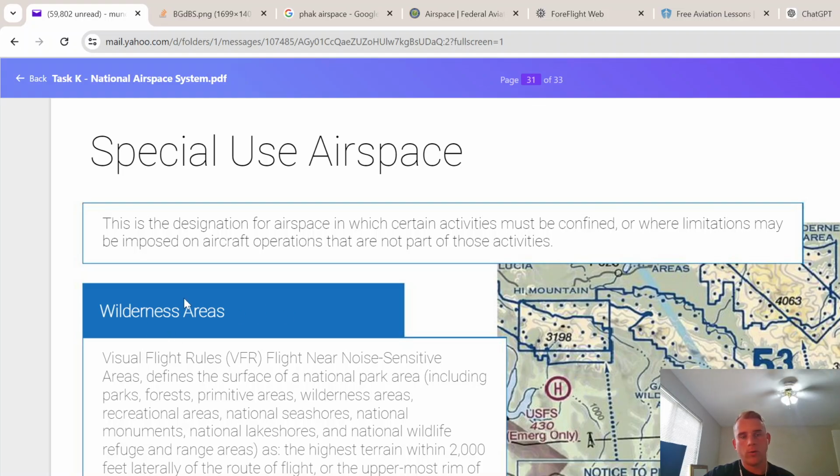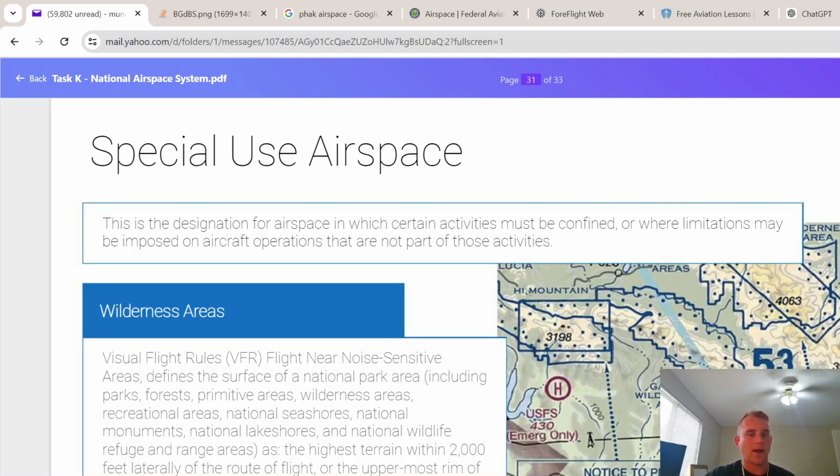Wilderness areas. All right, these are noise-sensitive areas, defined as the surface of a national park, including parks, forests, primitive areas, wilderness areas, rec areas, national seashores. They're trying to protect vultures or gulls or eagles.